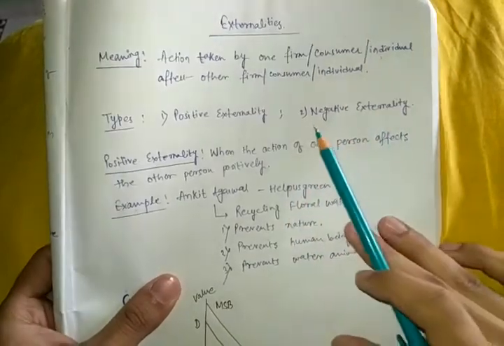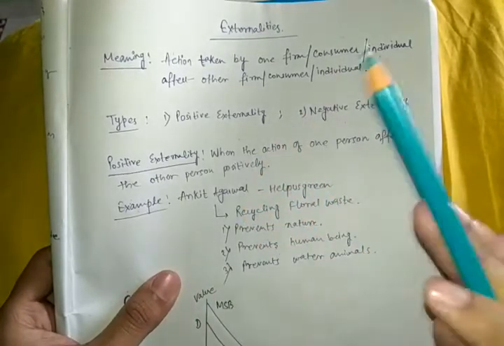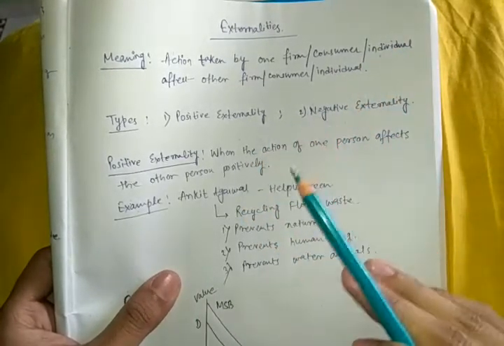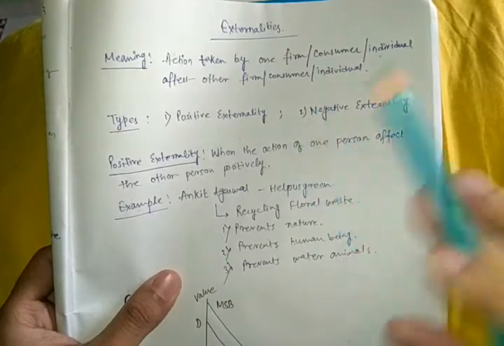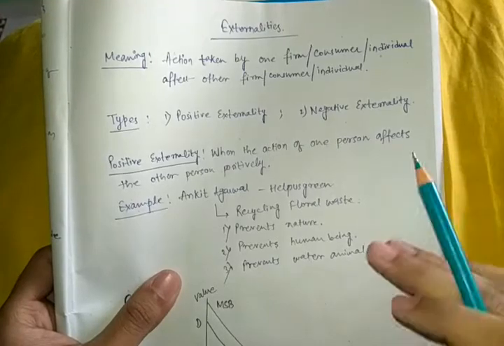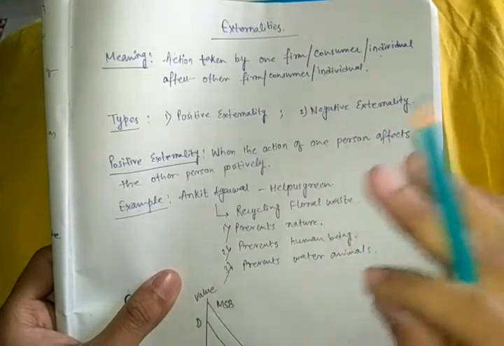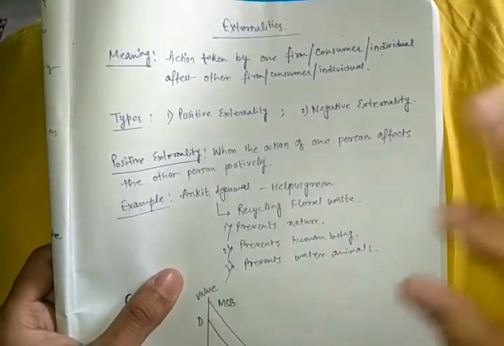Whenever an action taken by one firm, consumer, or individual affects another firm, consumer, or individual, directly or indirectly, then an externality will arise.